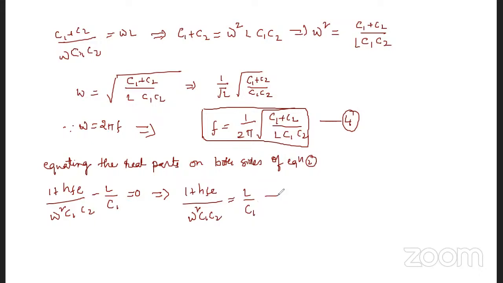So from this, you can write the 1 plus HFE value, which will be equal to omega square C1 C2 L by C1 here. 1 plus HFE is equal to omega square C1 C2 L by C1 we have got.